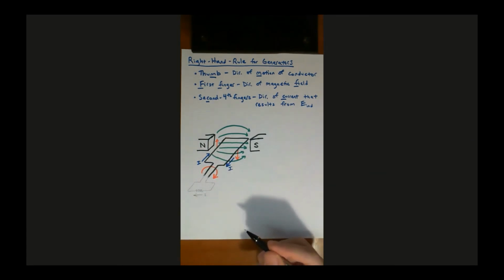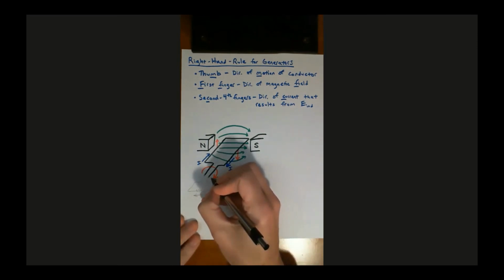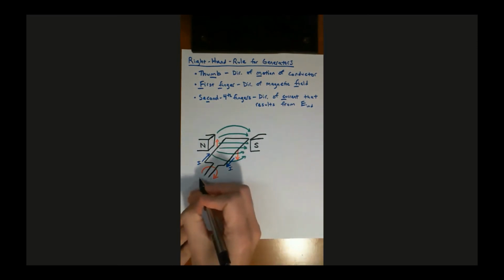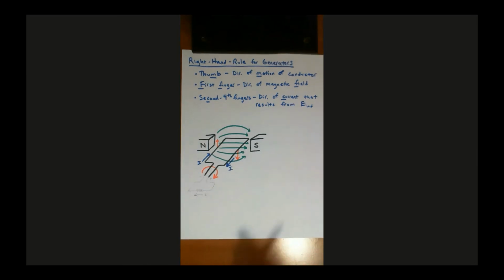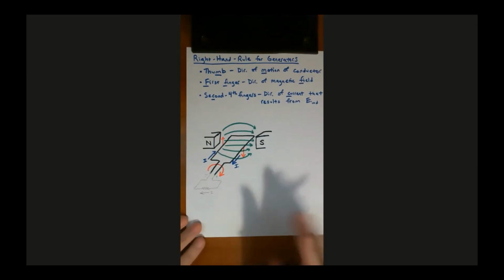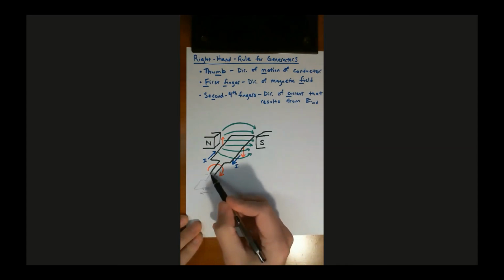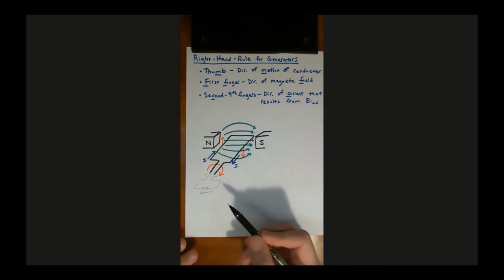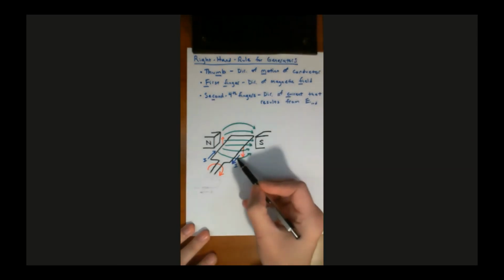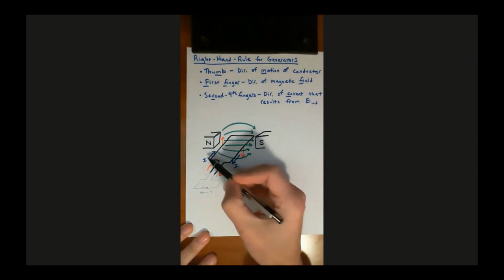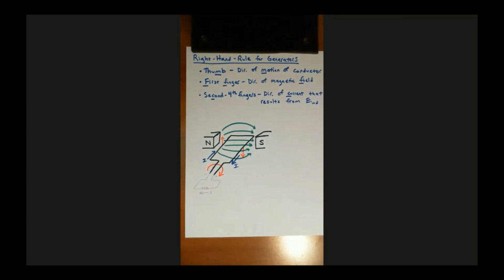By definition, current always flows from positive to negative, so right now, at this point in time, this is my positive side, and this is my negative side of the generator. That makes current flow from here, this way through the load, and then back here. But we got that because we know that the current is flowing this way on this side of the armature and this way on that side of the armature.